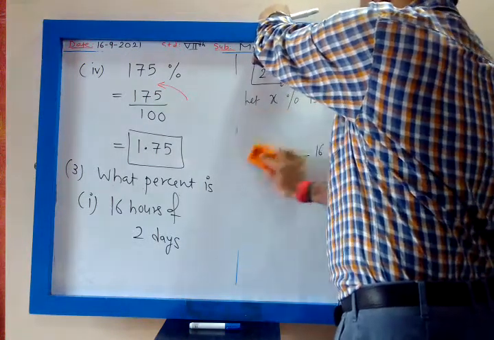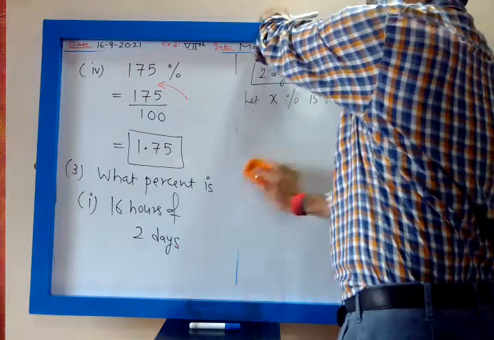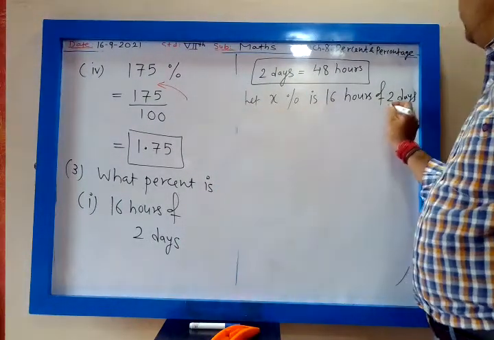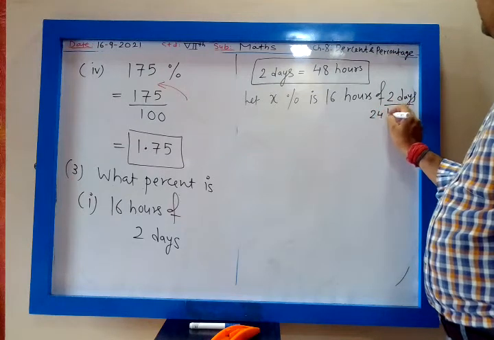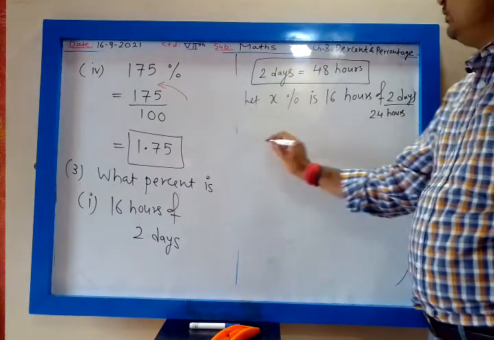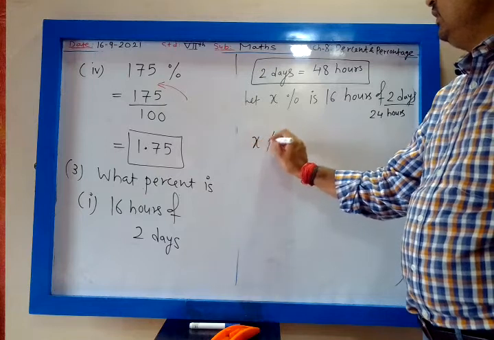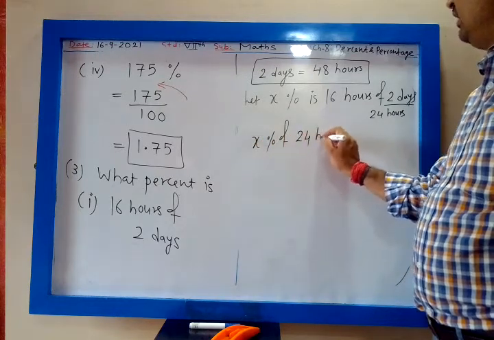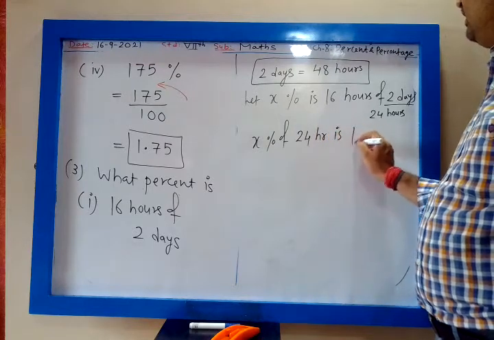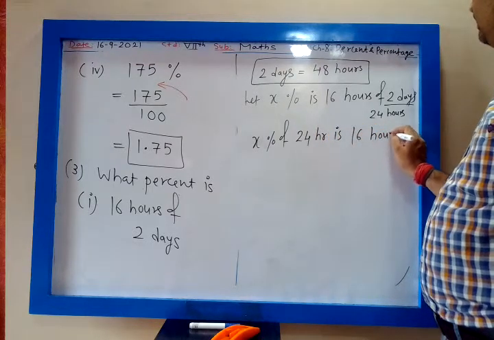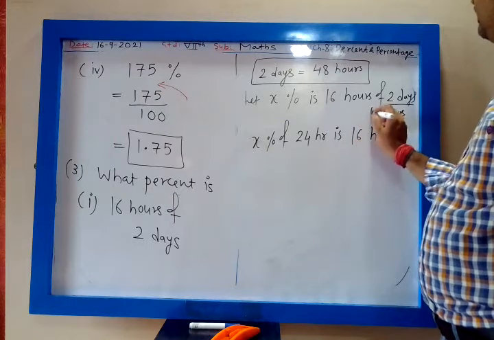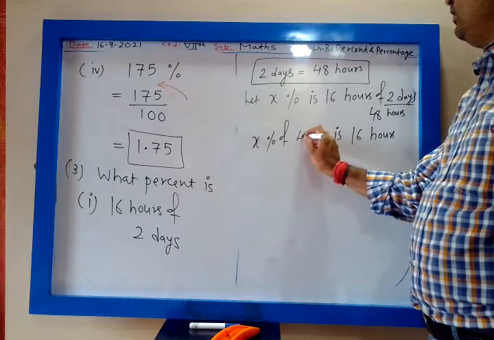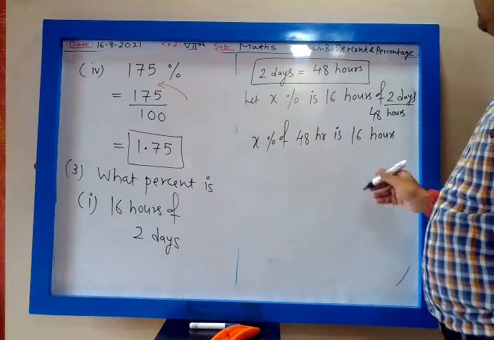Let us write in this way. 2 days means 48 hours. So x percent of 48 hours is 16 hours.